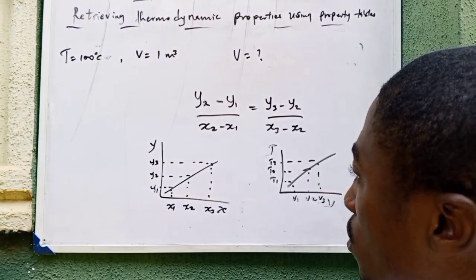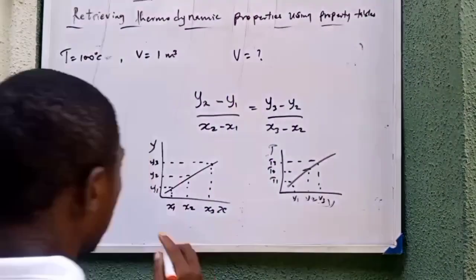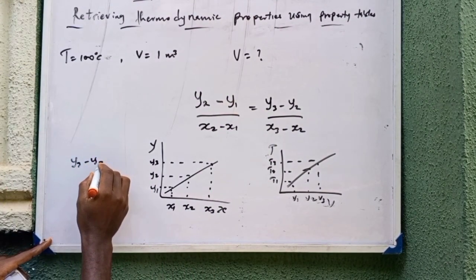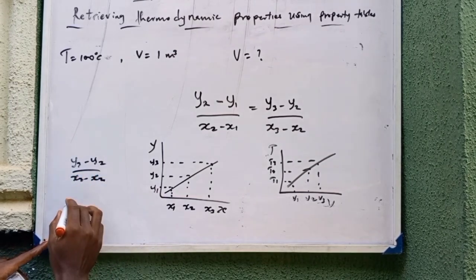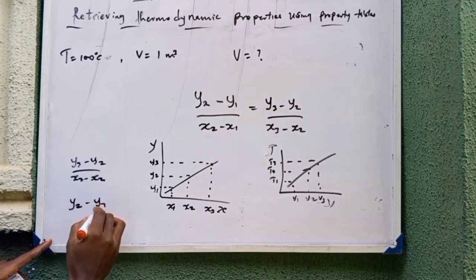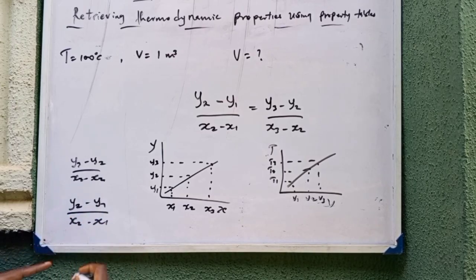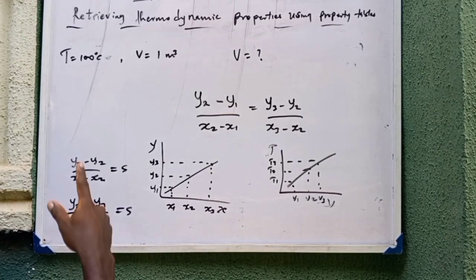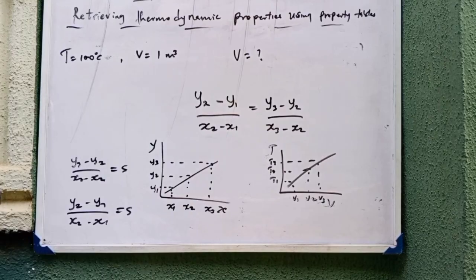So with the idea of the slope being the same at all points, we know that the slope is equal to (y3 minus y2) over (x3 minus x2), which is also (y2 minus y1) over (x2 minus x1). Any of these can give us the slope of this graph, since it's a straight line graph.